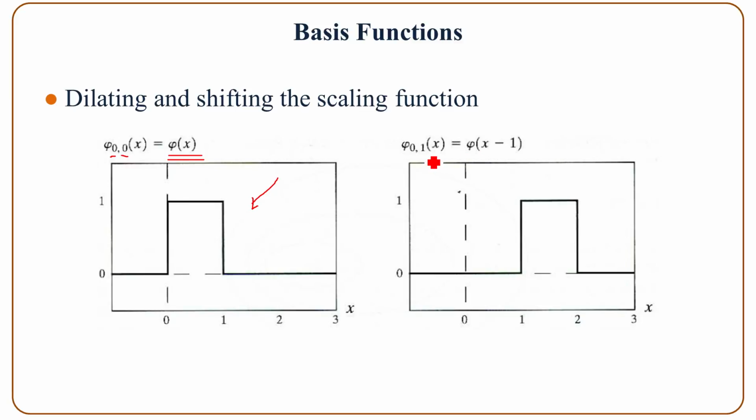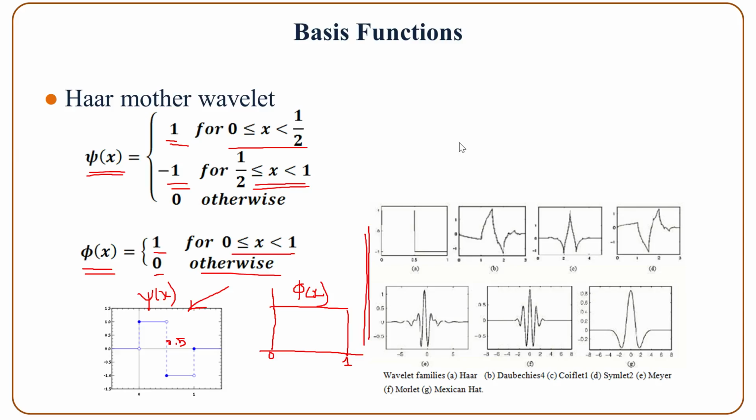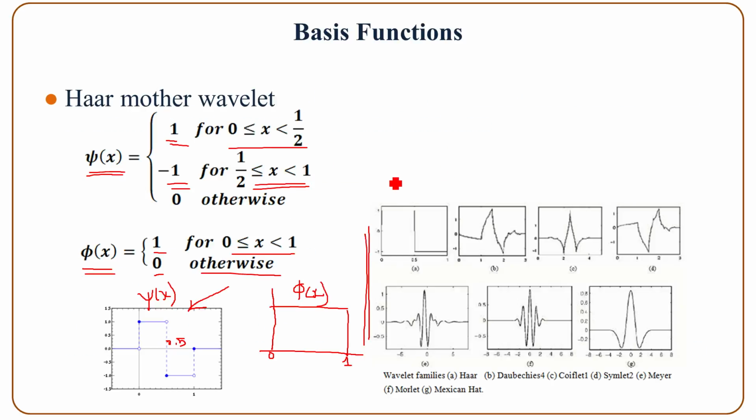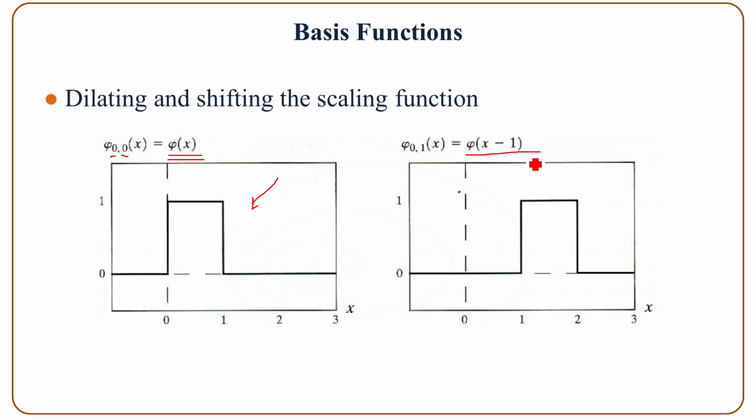If k is equal to 1, then basically you shift the function phi of x to the right by 1. So if you go back to the previous slide and replace k by 1 and j by 0, then you get this. Finally you get phi of x minus 1, and it is basically shifted to the right by 1.